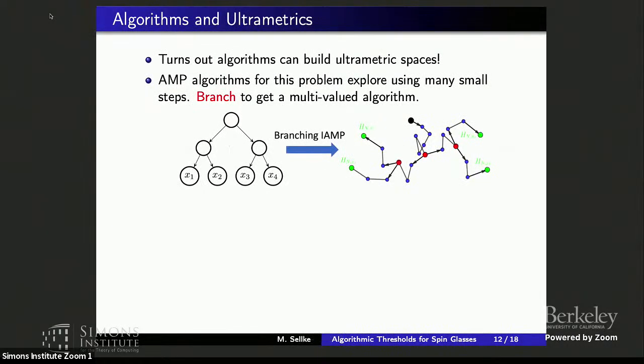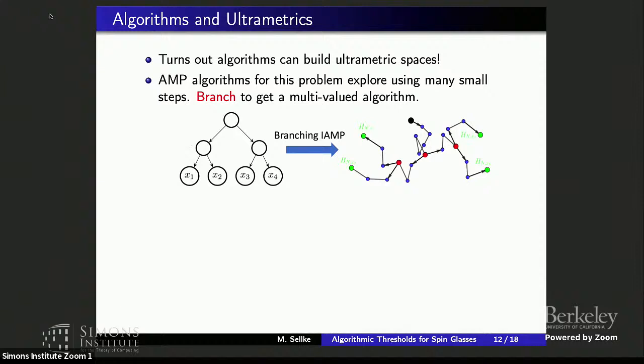And here's a way that algorithms for these models are related to ultrametricity. You can build more outputs than just one with these algorithms. So the AMP algorithms for this problem, roughly speaking, explore by taking many small steps because they're simulating a stochastic differential equation.